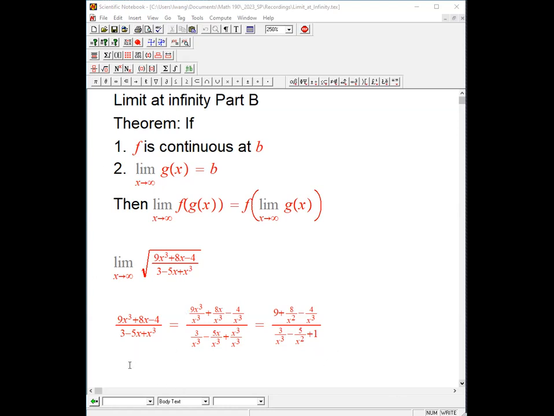So now, the limit of each individual one exists. So we can use the limit law, the law of limits, adding, subtracting, multiplying, dividing. And we can also take this limit across the root because root function is continuous. Okay, root function is continuous.